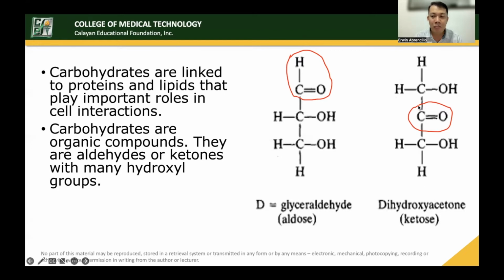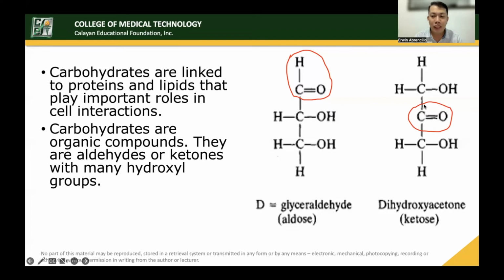On the other hand, the dihydroxyacetone has the same number of carbons as glyceraldehyde. So there is a ketone here. So the ketone can be found in any part of the structure except on both sides. Because if you are going to put the ketone on either of the both sides, it will become an aldehyde.